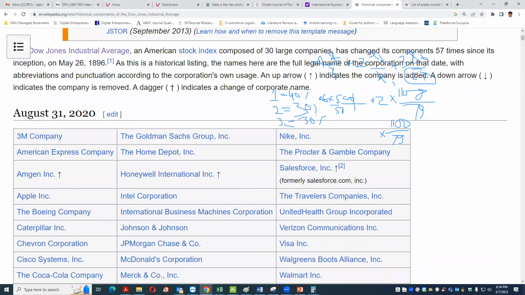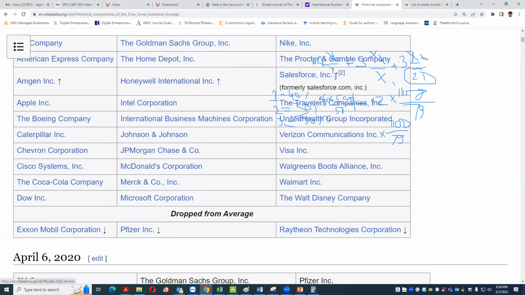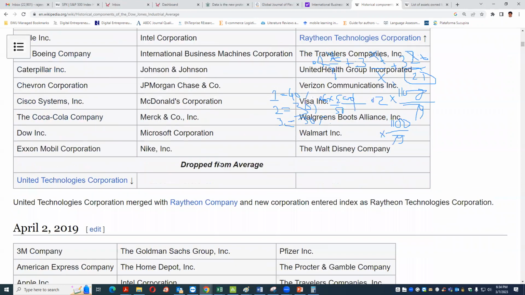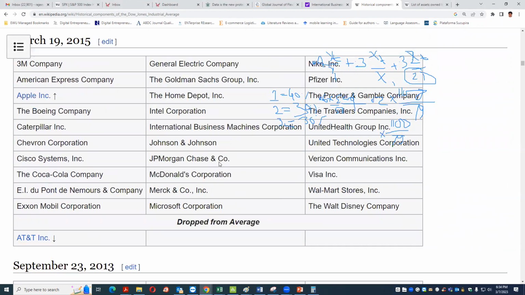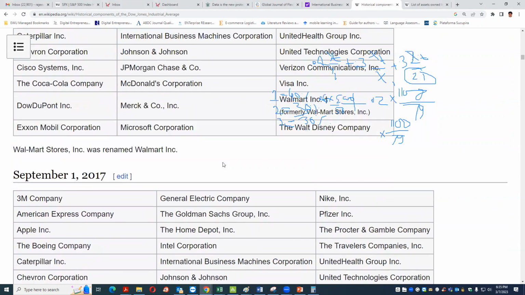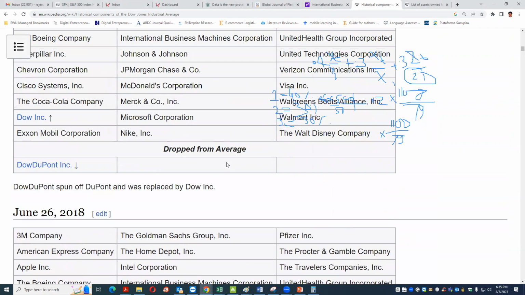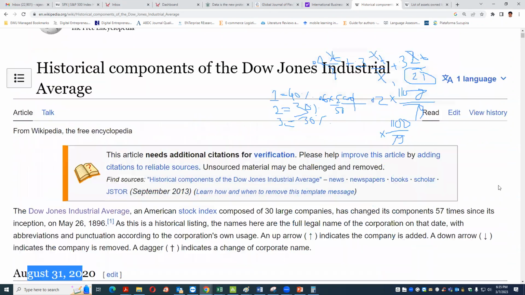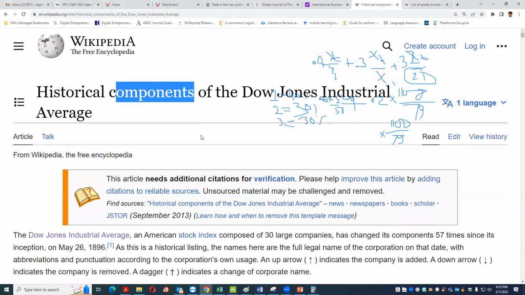You can see on August 31, what they included, what they removed, you can clearly see. And if companies are performing, Dow Jones will increase its value. So this is today's class. If you have any question, because this is all we are going to learn in this module.